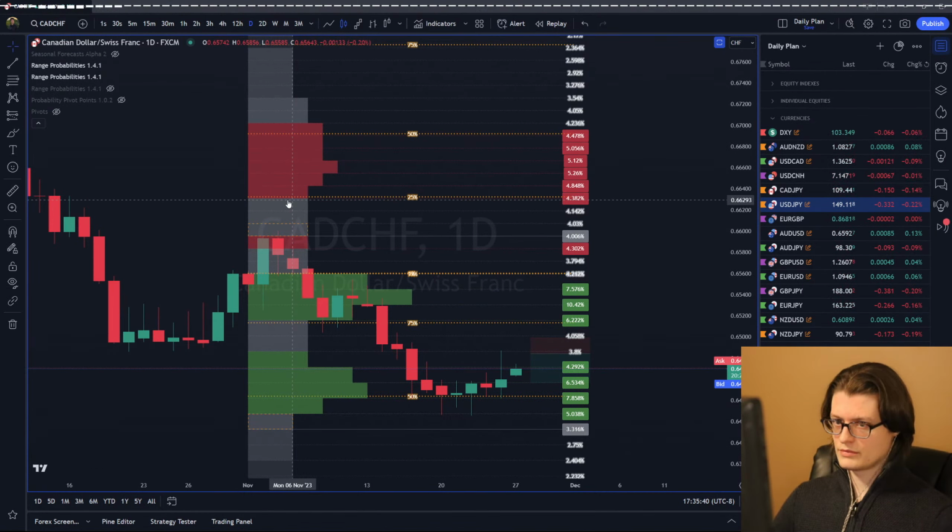Now, based off these pivots, you probably wouldn't be taking those shorts, right? Because look at all these probabilities way up here. But this is why it's important not to just look at these probabilities, because the probabilities don't give you all this extra information about economic events and economic developments.